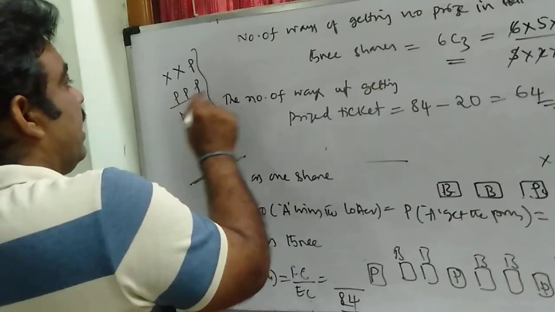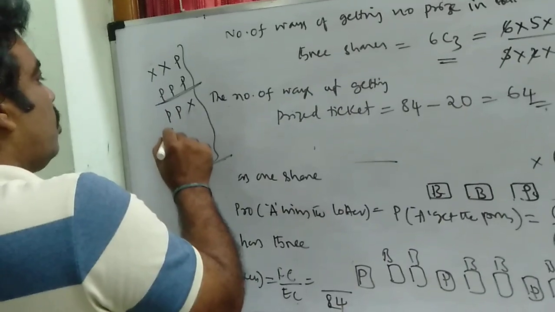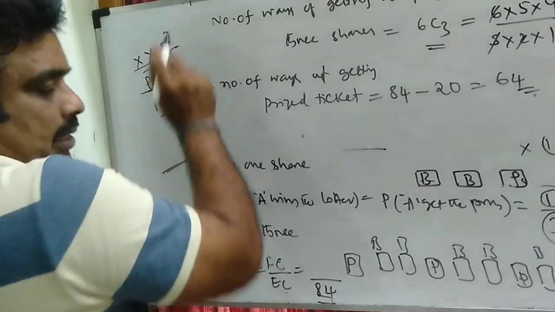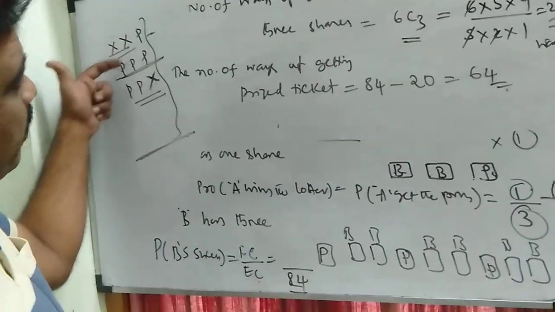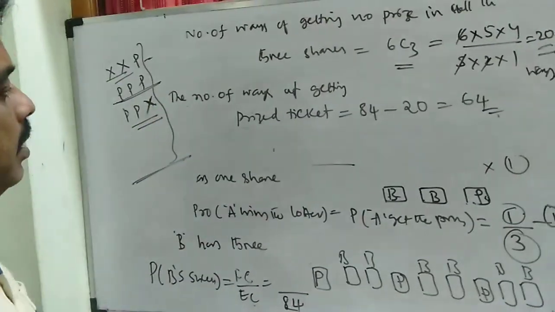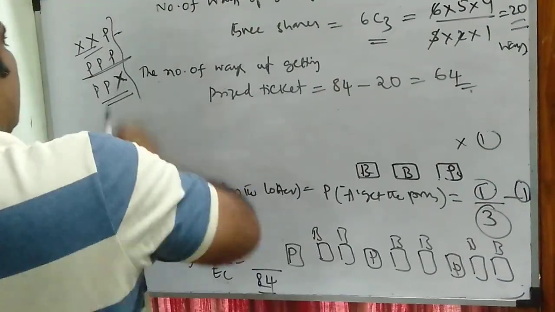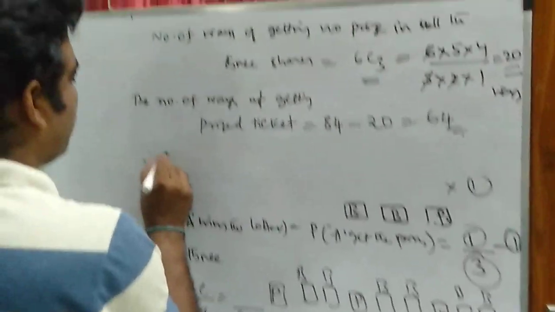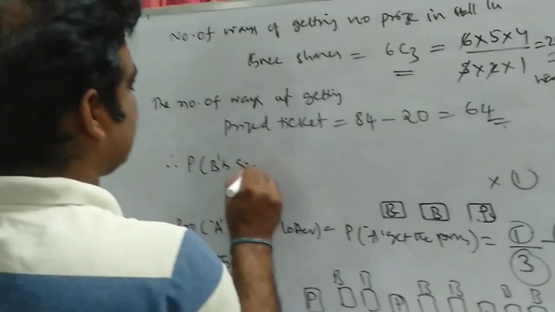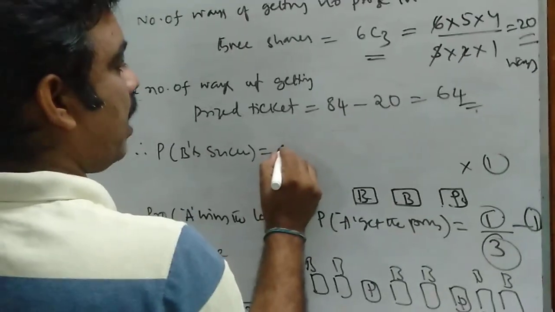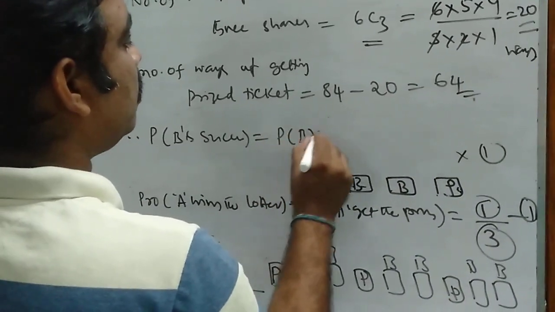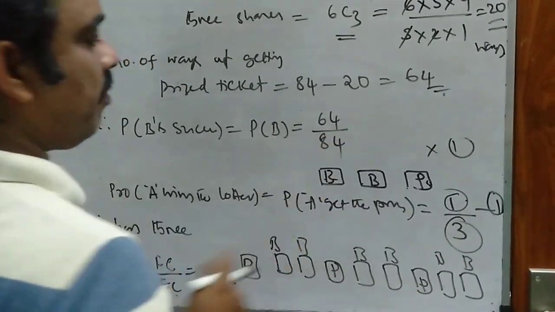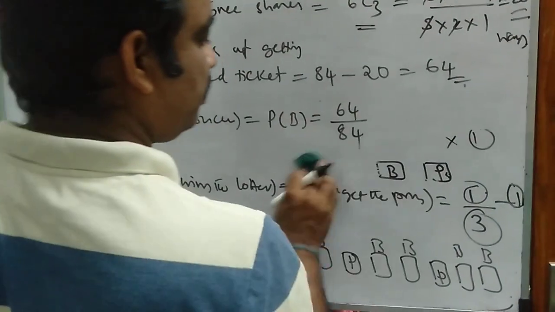So you may get all 3 prizes, or 2 prizes and 1 blank, or 2 blanks and 1 prize. In every case he gets the prize. That means he wins the lottery. So the probability of B's success is equal to favorable cases 64 by total number of cases 84.